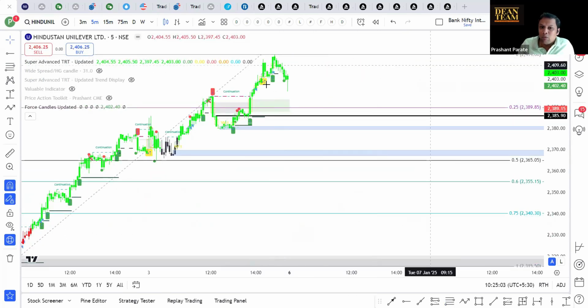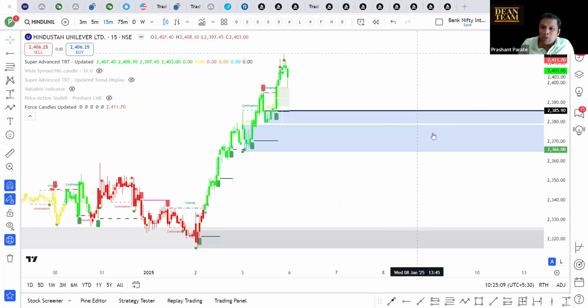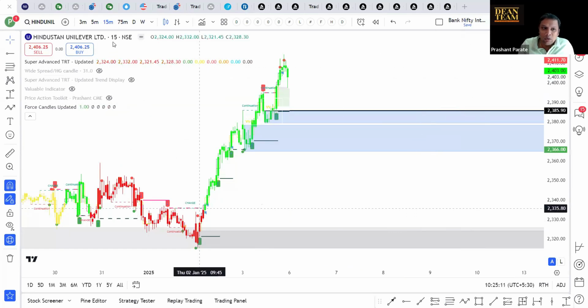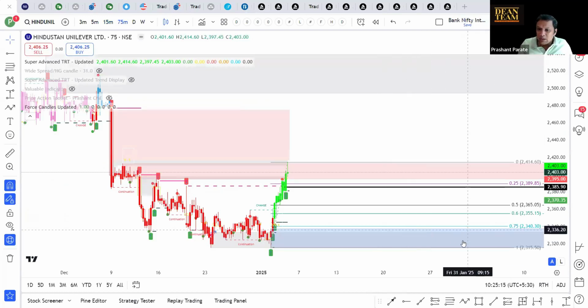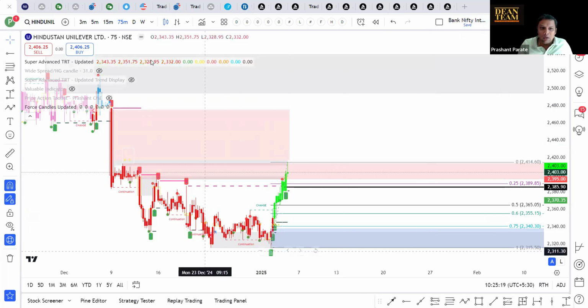I want prices to go sideways, create a schematic on 5 or 15 minute and create a selling opportunity, after which I can look to sell short for these areas where prices can come down, because on higher time frames the trend is down. The 75 is first-time bullish, so it is likely to come down.